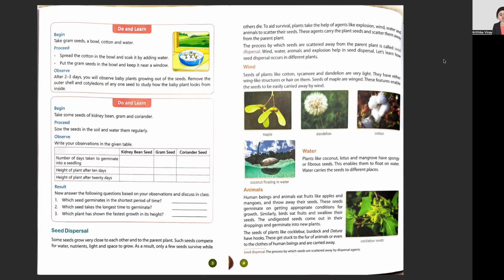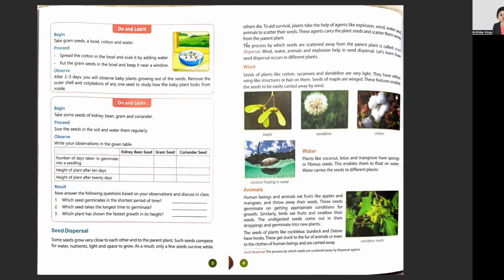To aid survival, plants take help of agents like explosion, wind and animals to scatter the seeds. These agents carry the plant seeds and scatter them away from the parent plant. The process by which seeds are scattered away from the parent plant is known as seed dispersal.